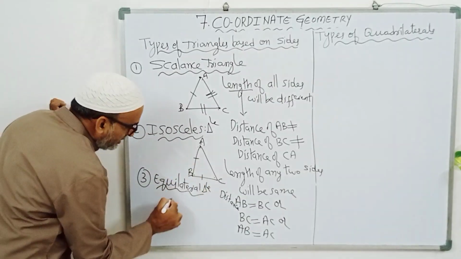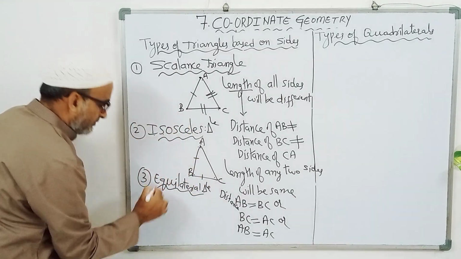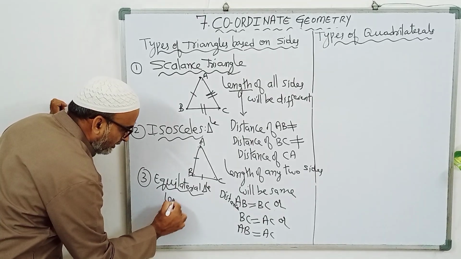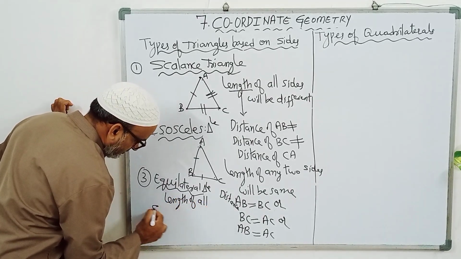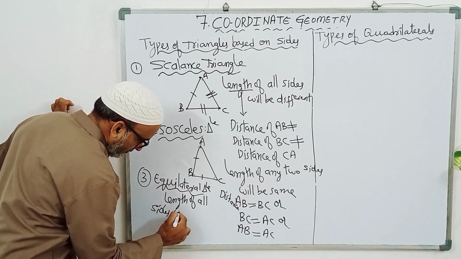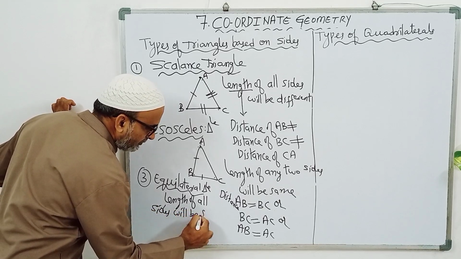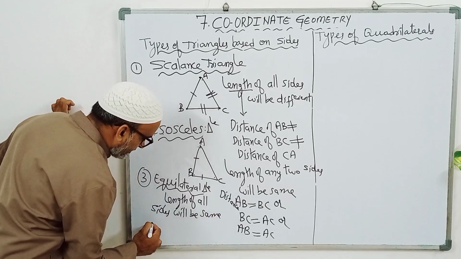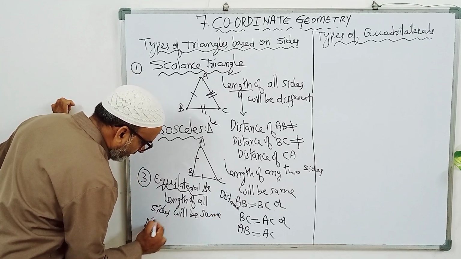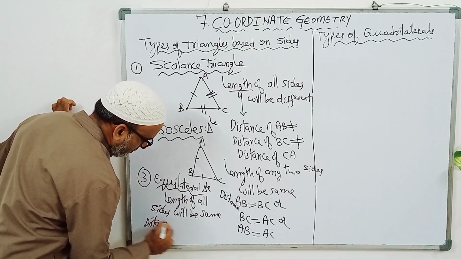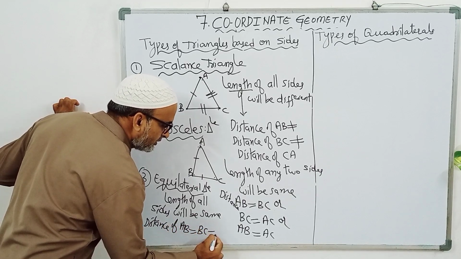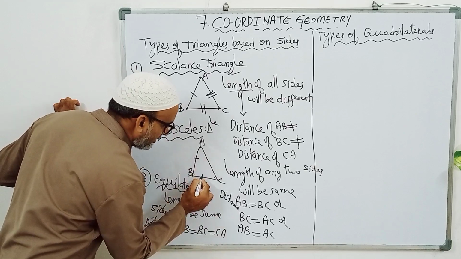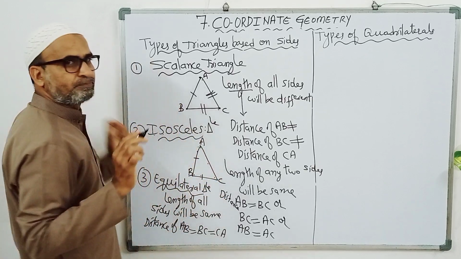Equilateral triangle means the length of all sides will be the same. Means the distance of AB is equal to BC is equal to CA. AB will be equal to BC, BC will be equal to CA.